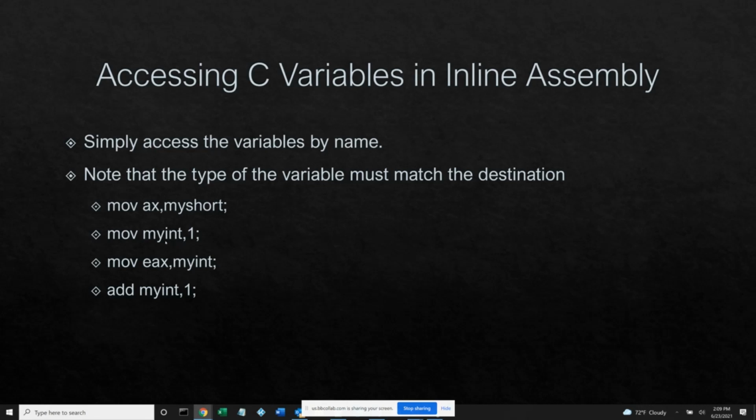In this case, we're saying let's move 1 into the myInt variable in memory. In this case, we're saying let's move the myInt value from memory, which is an integer of 4 bytes, into the EAX register, and that EAX is of course 4 bytes. The sizes have to match in order for it to work.